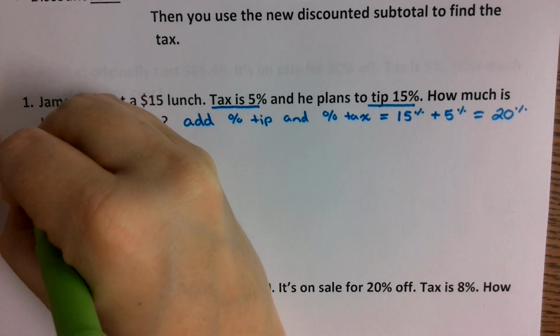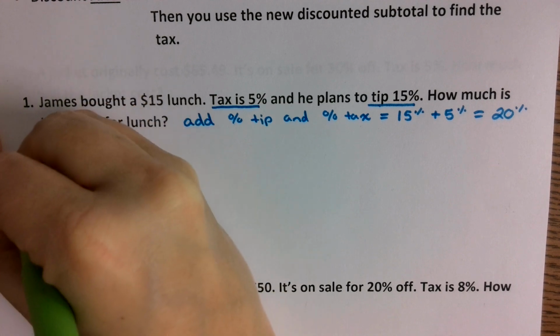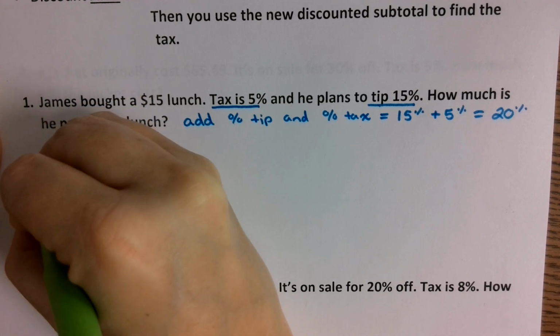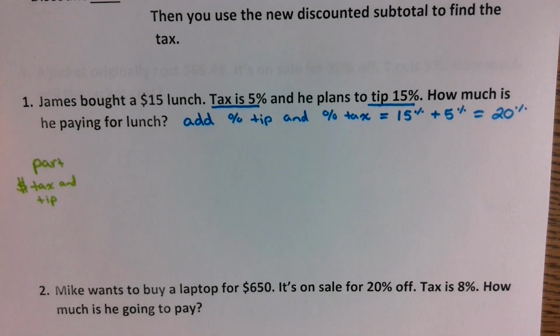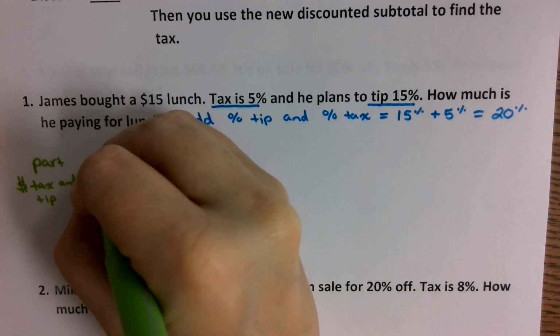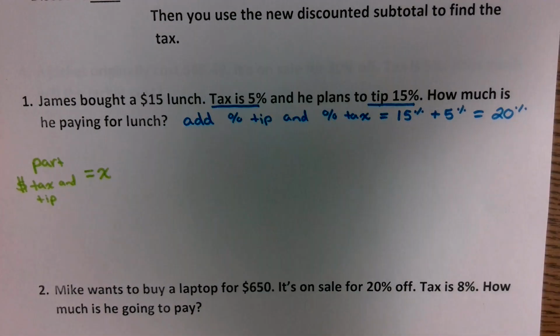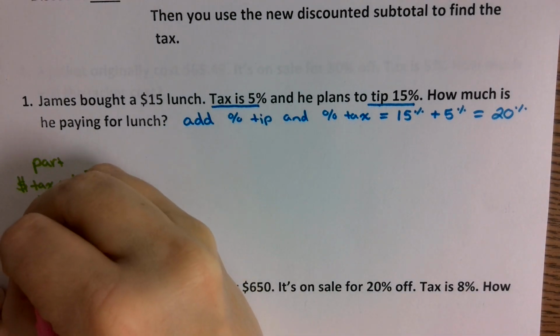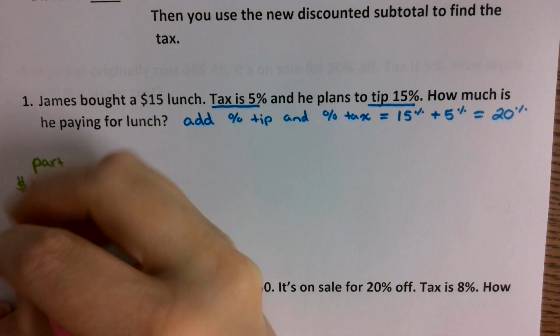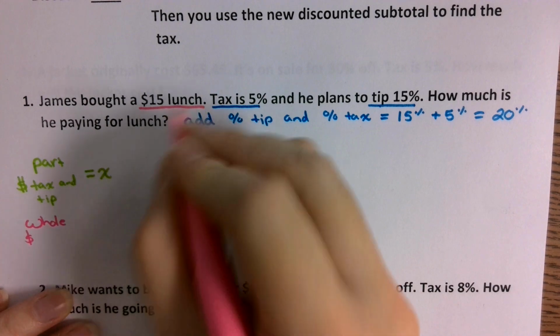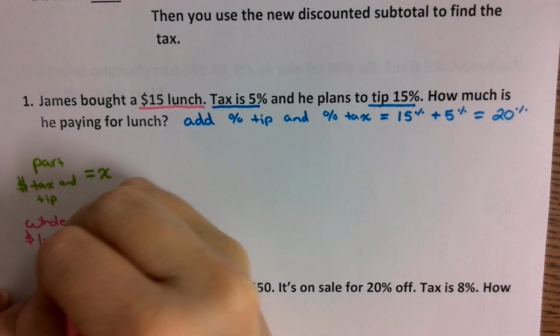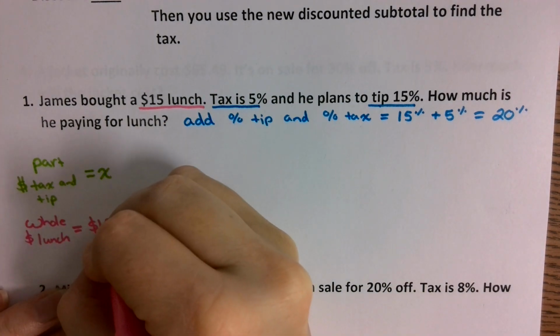In this situation, my part is going to represent the money amount for tax and tip combined. That money amount represents the tax and the tip combined together. That's going to be my X. My whole is going to be the money amount that I am spending on the lunch, which happens to be $15.